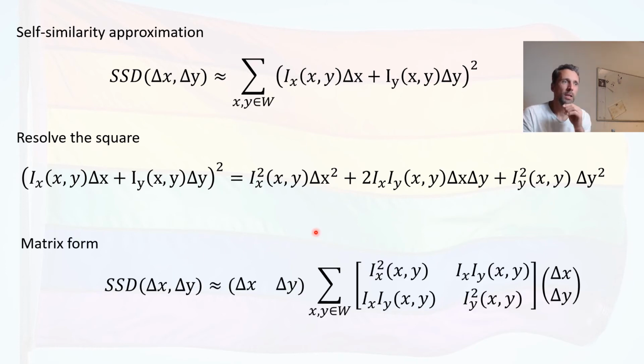And then we can pull out those shift vectors. It becomes a vector-matrix-times-vector product, which has a very nice property.